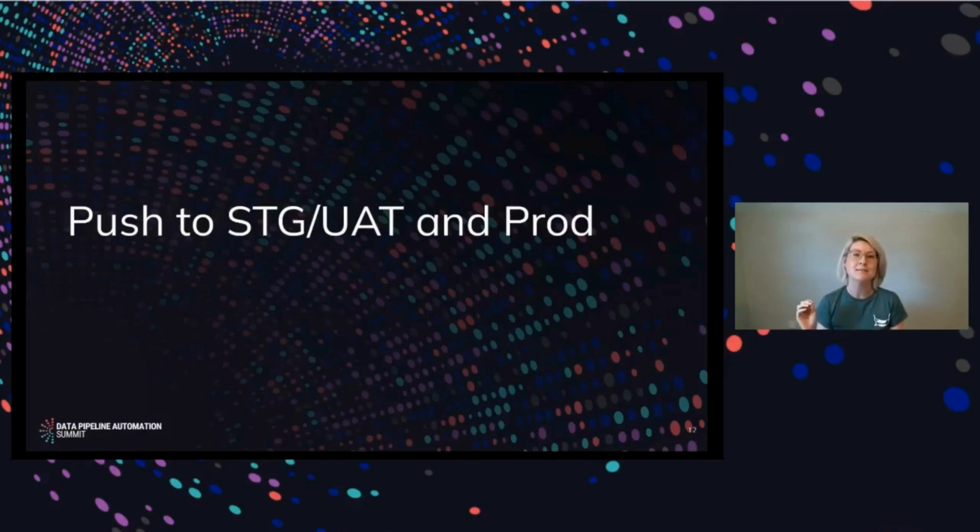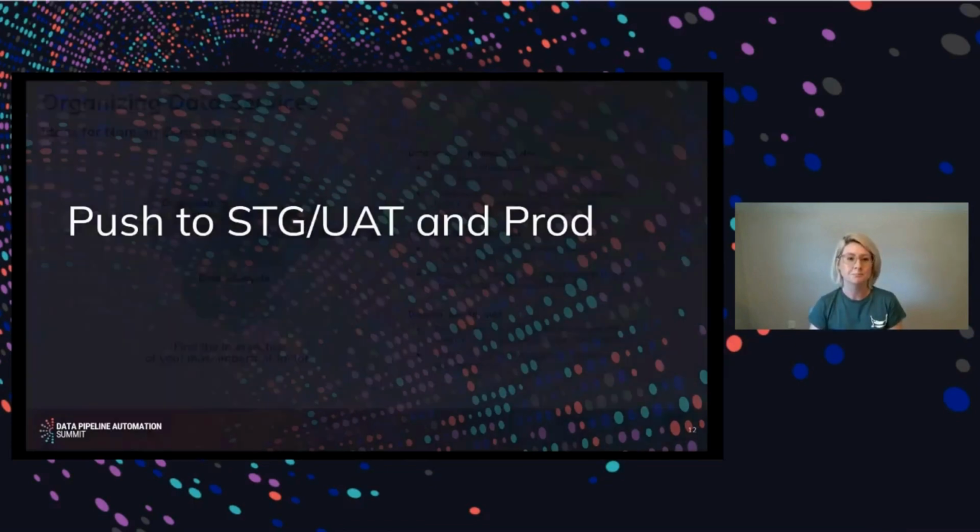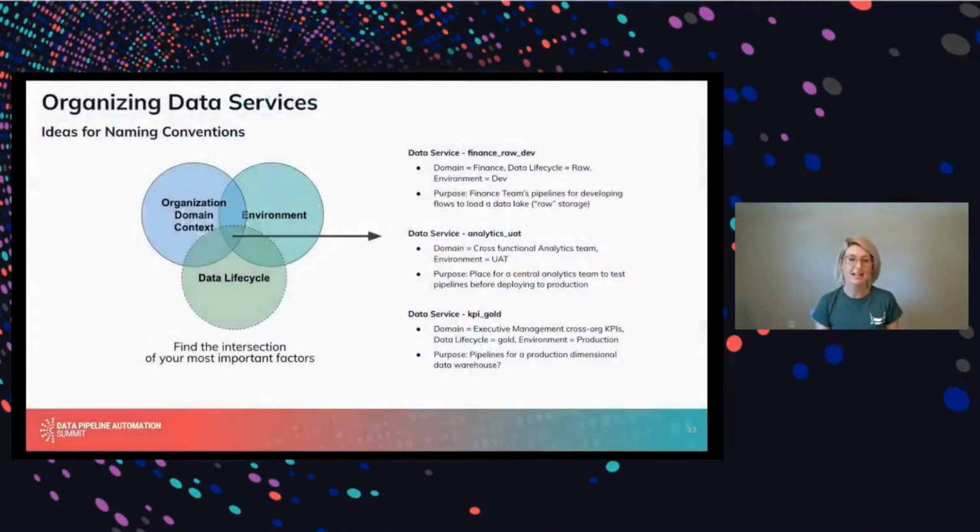And in our example, we're using the data flow to distinguish between the dev and UAT. But before I finish that, I do want to talk a little bit about organizing your data services and some ideas for naming conventions. A few ways that you can organize your different development or UAT environments is by using data services.